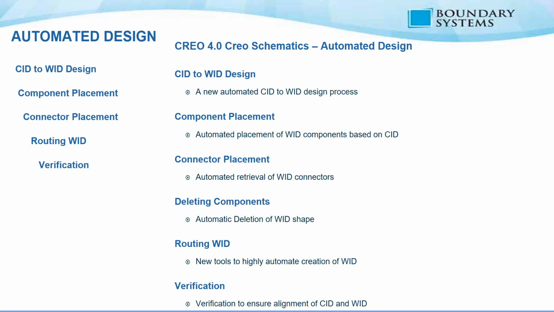Also with deletion, there are some automatic deletion capabilities within your wire interconnect diagrams, and also routing within your wire interconnect diagrams too. There's some automation built into a lot of those tools. And then, of course, at the end of the day, there's also verification to ensure everything lines up between your SID and your WID.